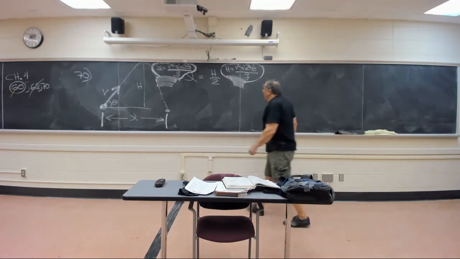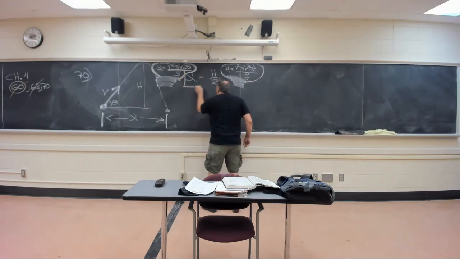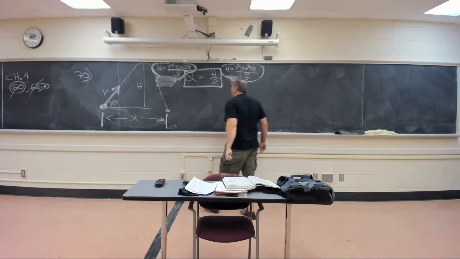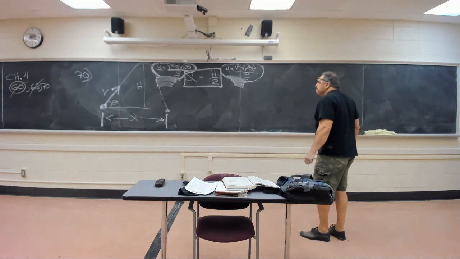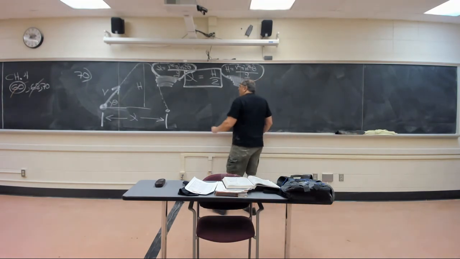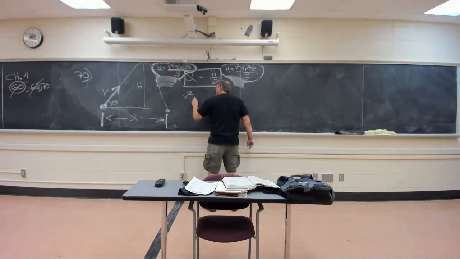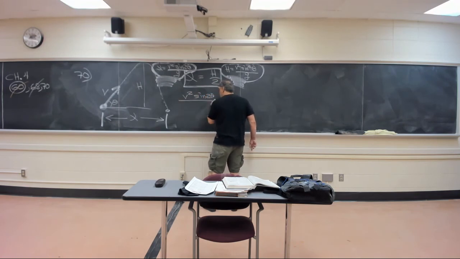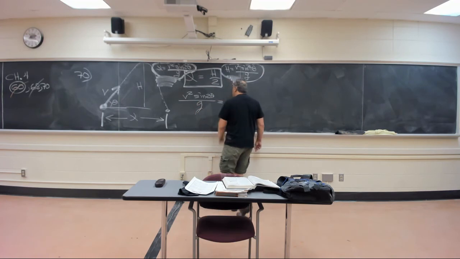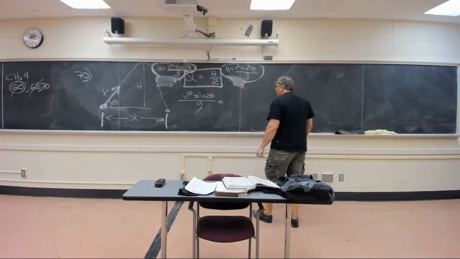So there we go, we have those two scenarios right here, and we're trying to make sense out of that. This is v squared sine 2 theta over g. That's the range. It's equal to h over 2.